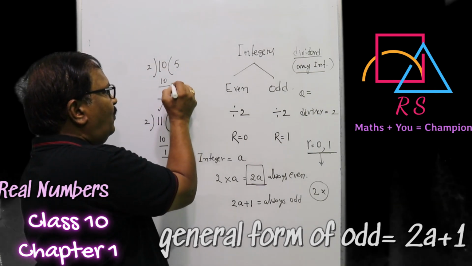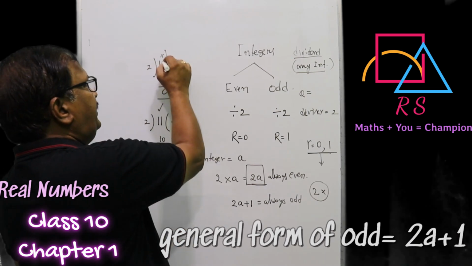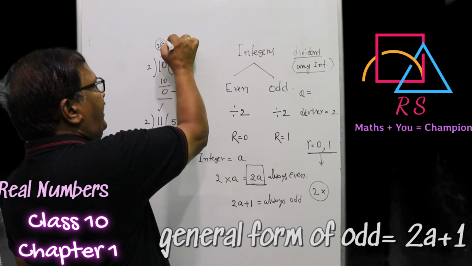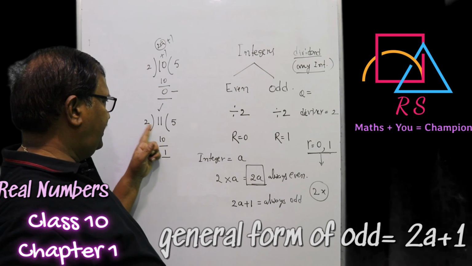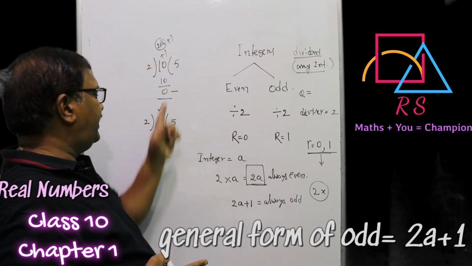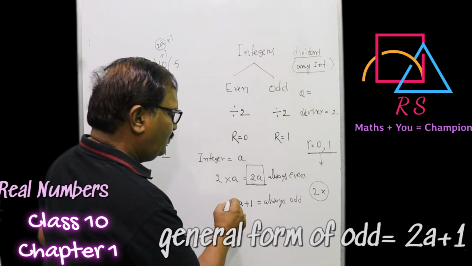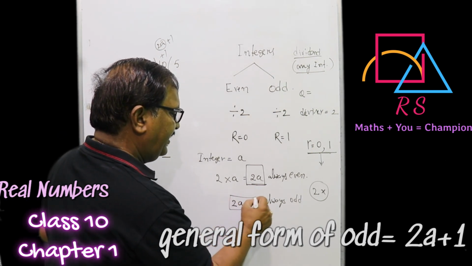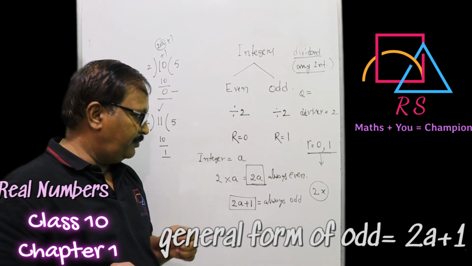You add 1 to this number, this is equal to 2a. You add 1 to this, that means 10 plus 1, 11. So if you are dividing 11, whatever you are adding will come in the remainder. So 2a plus 1 is always the standard form of an odd number.